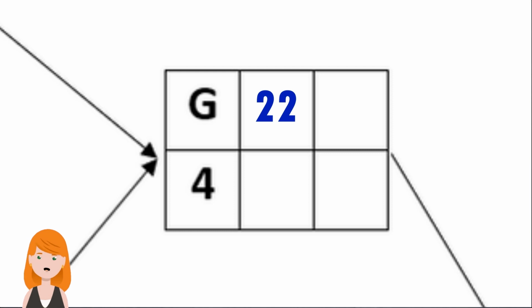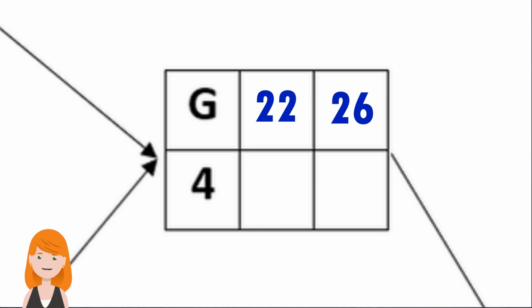In other words, the highest of the earliest finish times preceding an activity will be the activity's earliest start time. So G finishes at 22 plus 4, which gives 26.